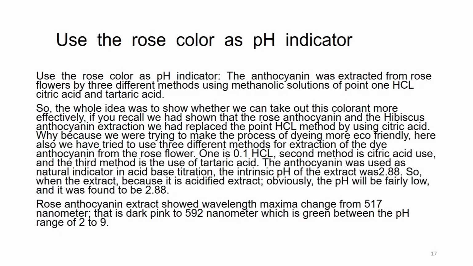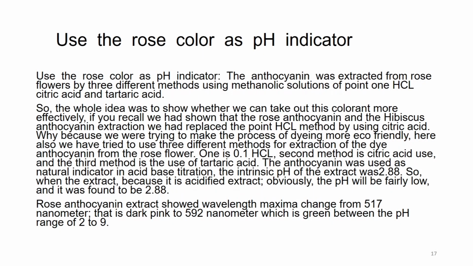So, the whole idea was to show whether we can take out the colorant more effectively. If you recall, we had shown that in rose anthocyanin and hibiscus anthocyanin extraction, we had replaced the 0.1 N HCl method by using citric acid, because HCl is very harsh.